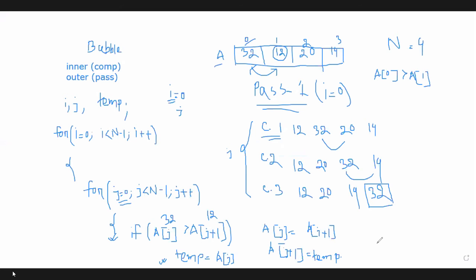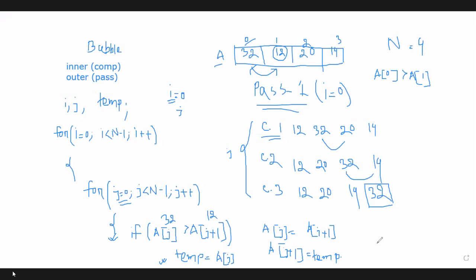This is a sorting algorithm, so the main purpose is to organize the data in its correct position. If we want to sort the data in ascending order, the lower data elements should be stored first, and then we can store the higher data elements. So for this array 32, 12, 20, 14, they are not sorted.